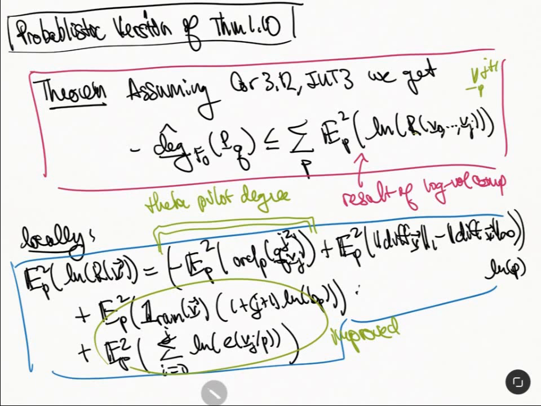Then there's this kind of precession averaging, which is the average over j. So there are two averages going on. And this probabilistic version is something that I'll work out now to get a form of Szpiro.